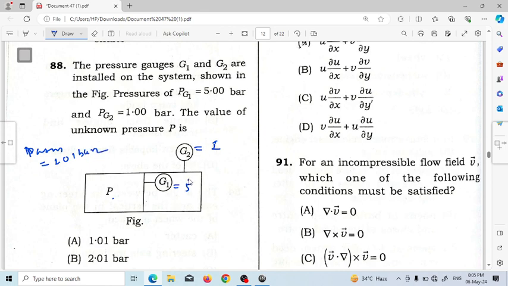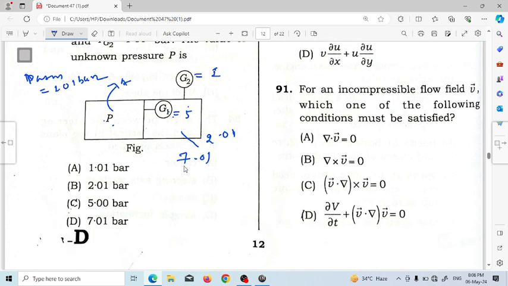For this chamber, the pressure will be 1 plus 1.01, which is equal to 2.01. For this chamber, this gauge pressure and this summation will be added to the atmospheric pressure. So 5 plus 2.01, which is equal to 7.01. This is the absolute pressure. So the right answer will be 7.01. Option D is the correct answer.